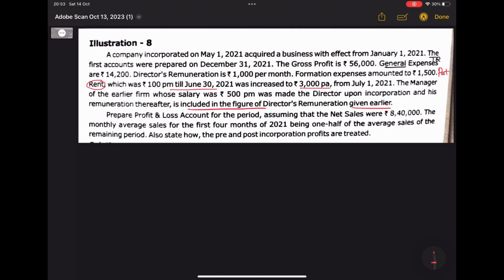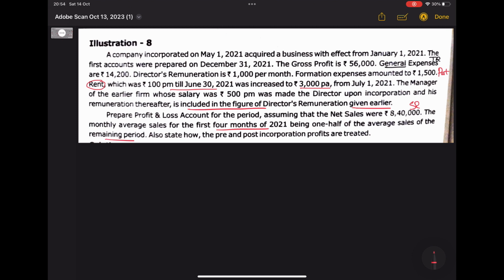Next line, prepare P&L account for the period assuming that net sales were 8,40,000. This is particularly related to sales ratio. The monthly average sales for the first 4 months of 2021 being one half of the average sales of the remaining period.